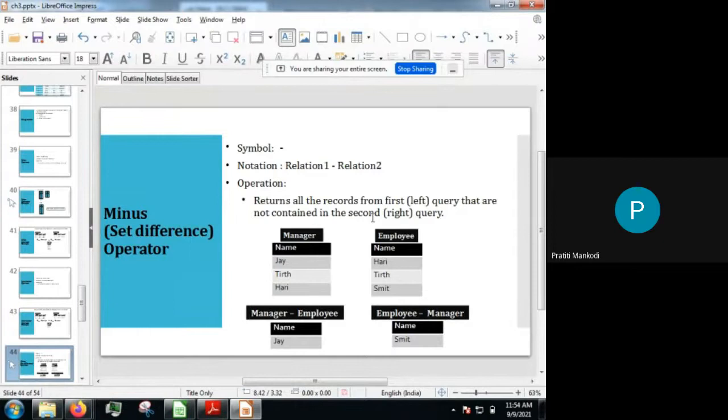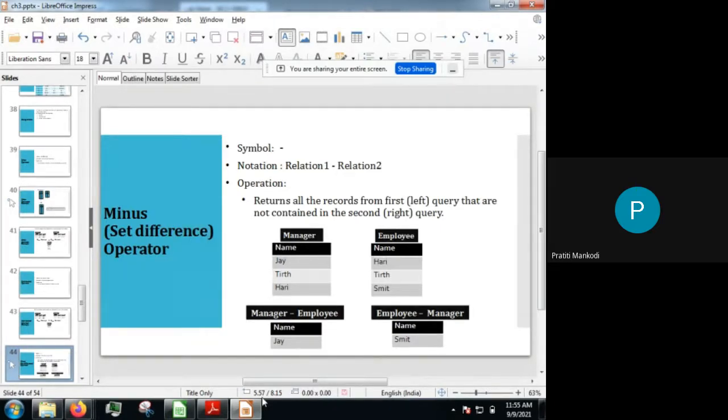A minus B: all those things which are in A but not in B. A is equal to 1, 2, 3, B is equal to 2, 3, 4. My answer is 1. B minus A: A is equal to 1, 2, 3, B is equal to 2, 3, 4. The answer is 4. Understood the example? Fine.